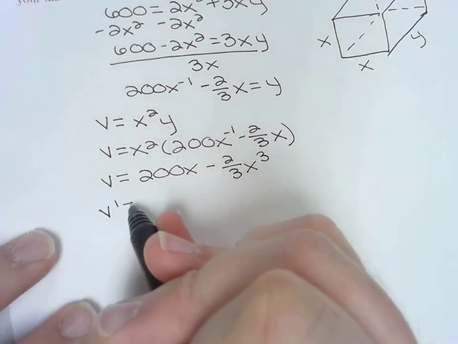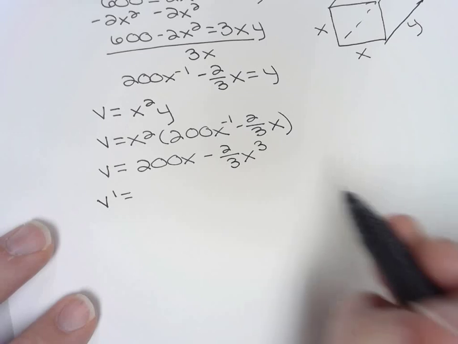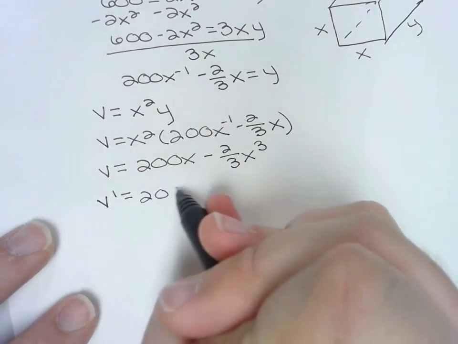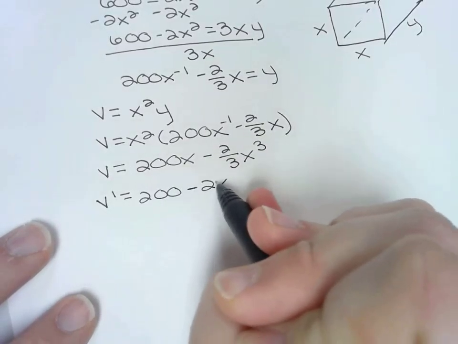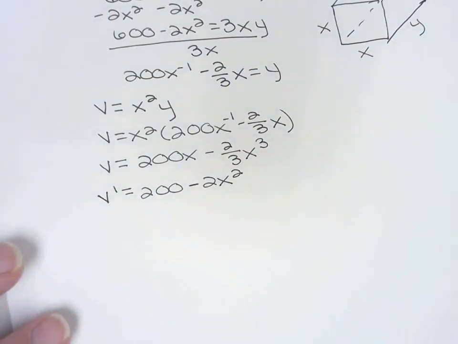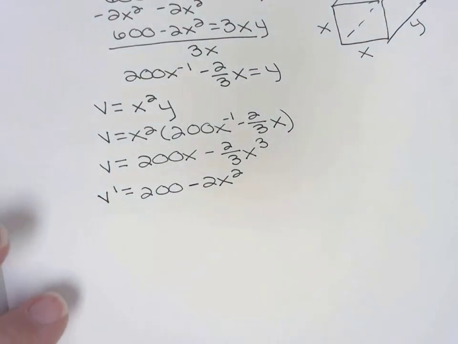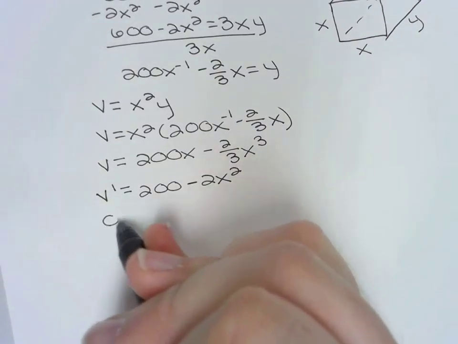But first derivative, 200 minus 2x squared. So negative 2/3 x cubed, the 3's cancel, reduce your exponent by 1. Set it equal to 0.